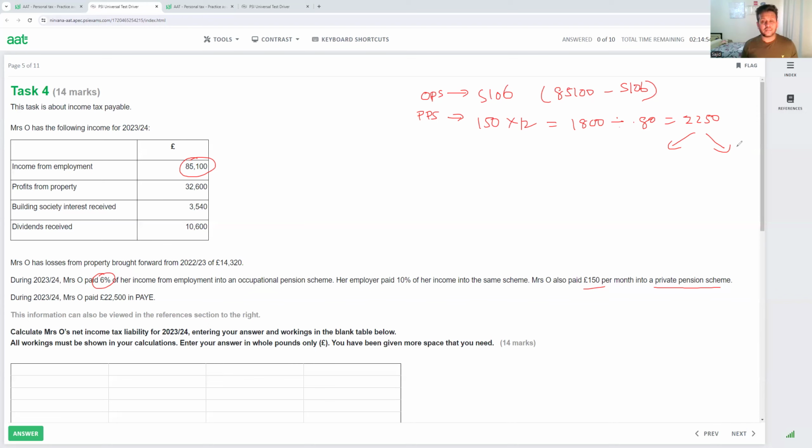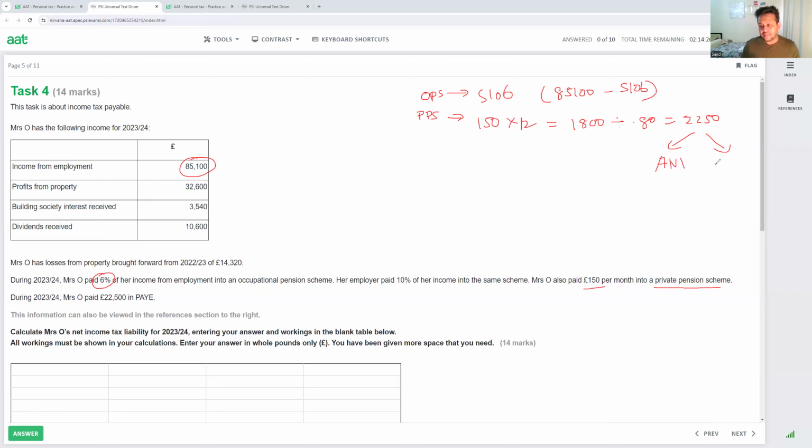If we have a total income of, for example, 120,000, we minus the 100,000 and divide by 2 to find out how much personal allowance needs to be reduced. But if we have a PPS, all we have to do is reduce our total income. We don't minus it from the employment income; we minus it from the total income. So the total income has to be reduced, and that will have an impact on our ANI, adjusted net income, and I'll show you how to do it.